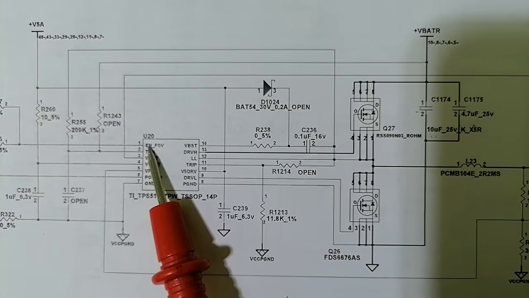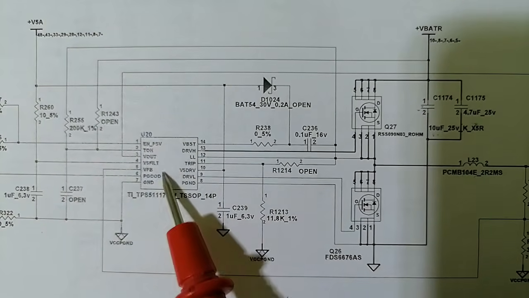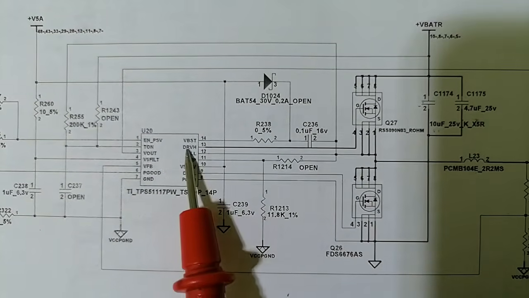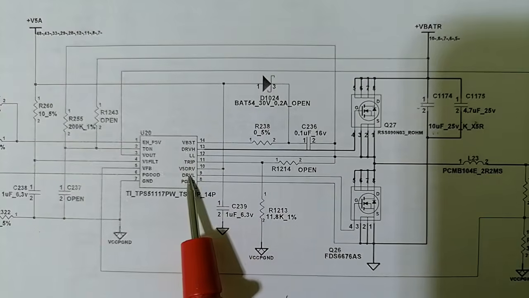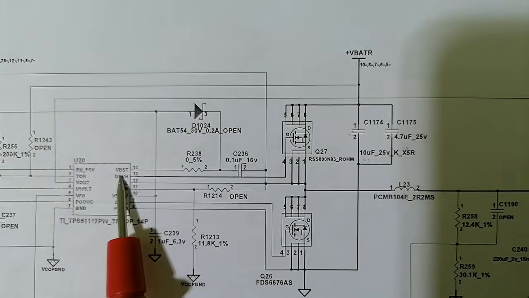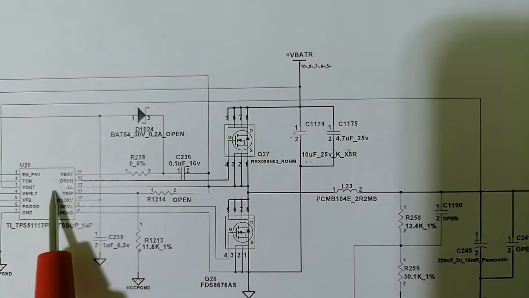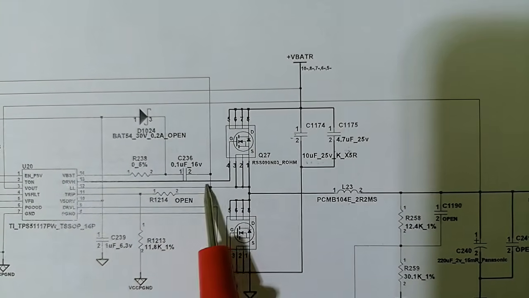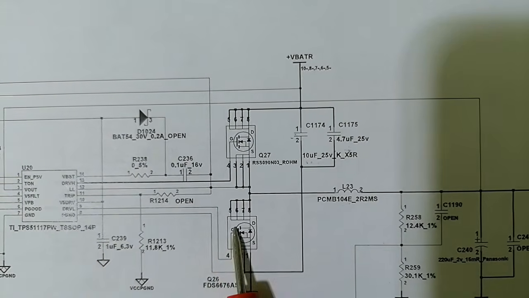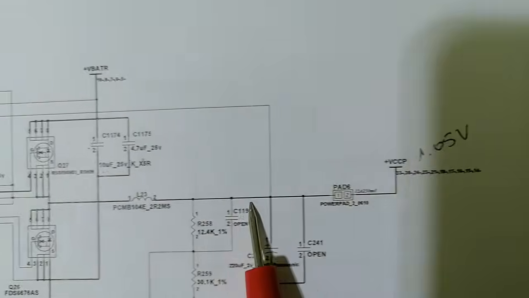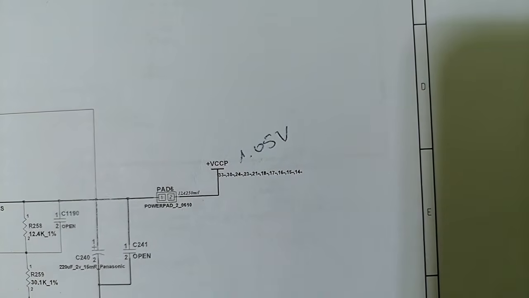Once the IC receives the input signals, it will generate, as you can see here, the drive. Here we have drive, and over here we have drive. It will generate the drive signals to these two MOSFETs: drive high signal to this MOSFET and drive low signal to this MOSFET, and then we will get the plus VCCP V out.